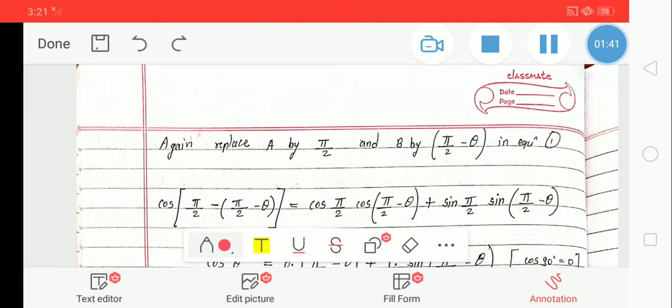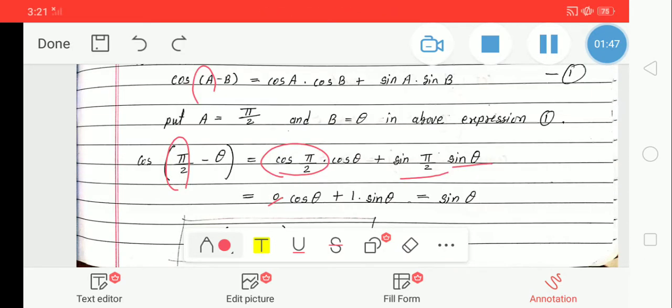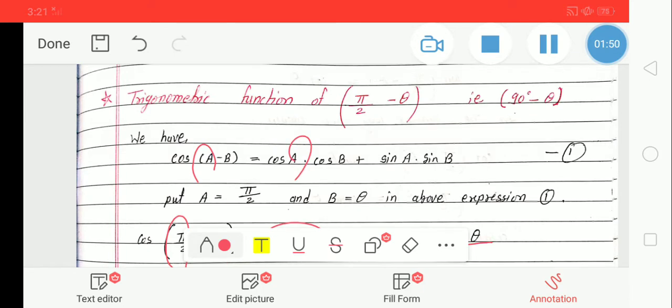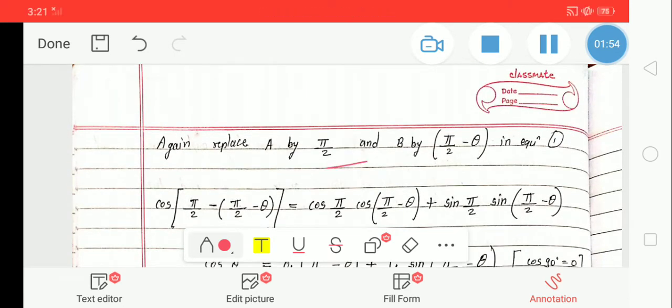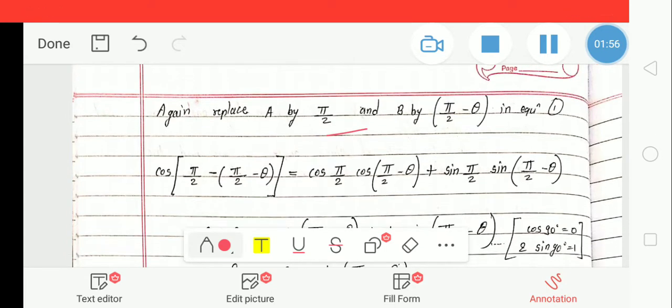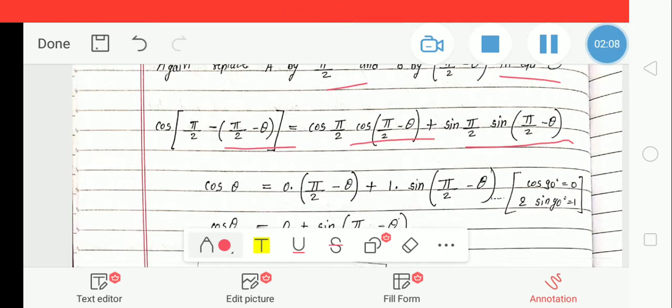Now again, replace A is equal to pi by 2 and B is equal to pi by 2 minus theta in equation number 1. That gives cos of pi by 2 minus (pi by 2 minus theta) is equal to cos pi by 2 cos of pi by 2 minus theta plus sin pi by 2 sin of pi by 2 minus theta.